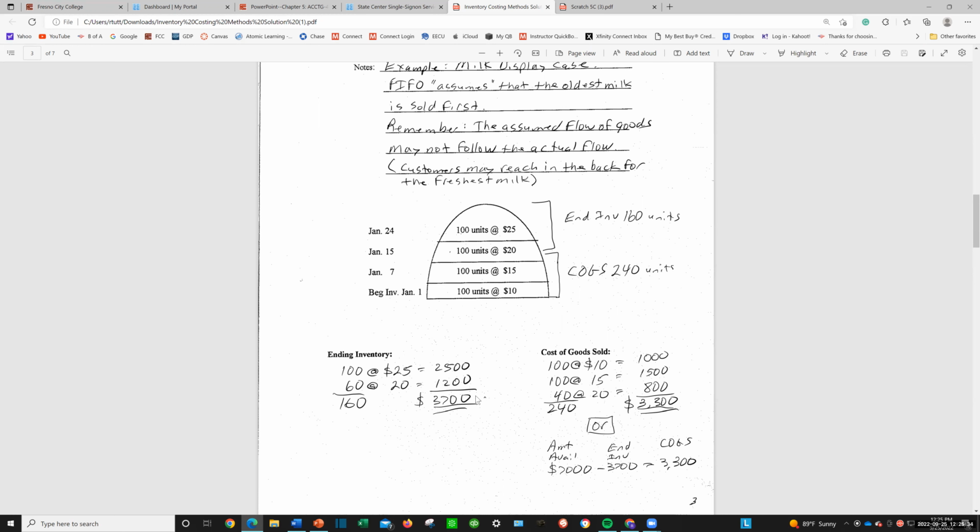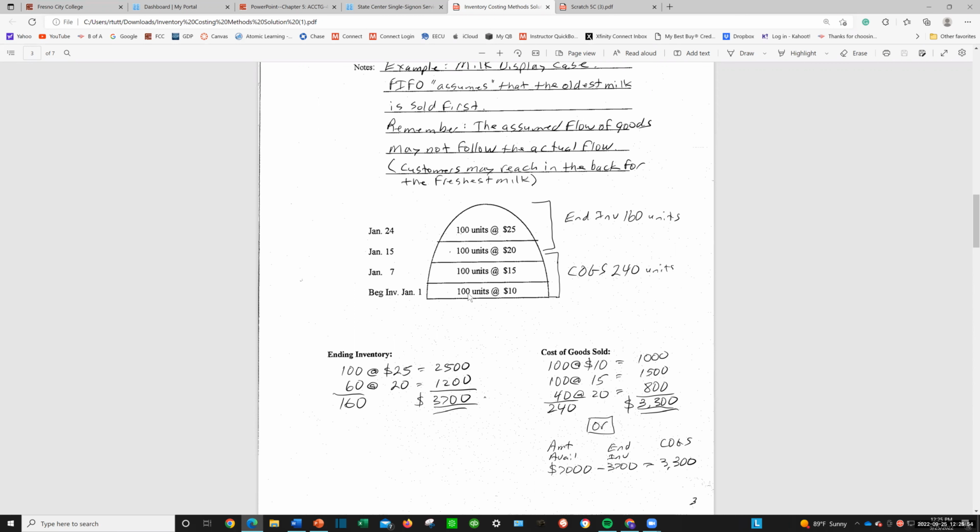Now, on the cost of goods sold side, you need 240 units. Remember, it never changes in this example. There's always going to be 160 units in ending inventory and 240 in cost of goods sold. Well, in first out, these are the ones that are first in, so they went out first.